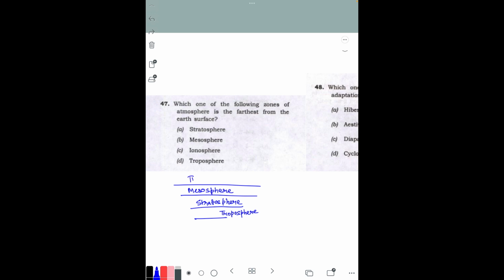Then comes thermosphere. Then comes exosphere. So these two are called ionosphere. So ionosphere is the farthest from the Earth's surface.